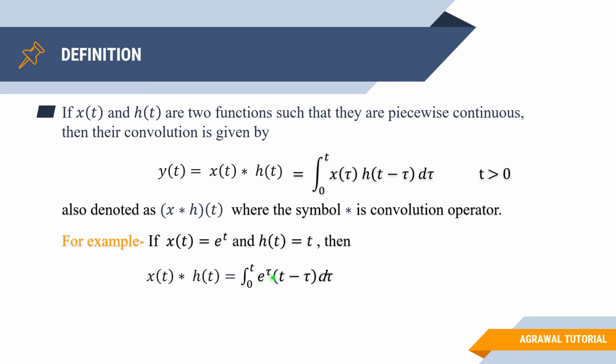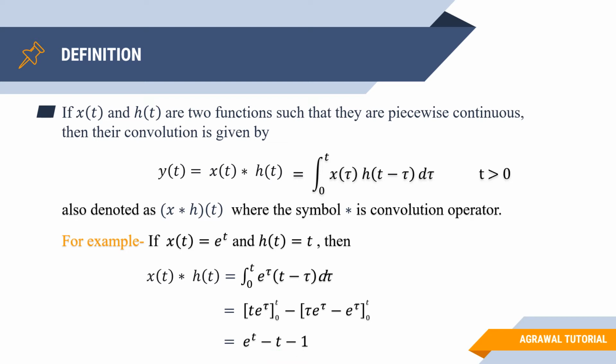Similarly, t is replaced by t minus tau. Now by solving the integration, we get the convolution of x(t) and h(t) as e raised to the power t minus t minus 1.